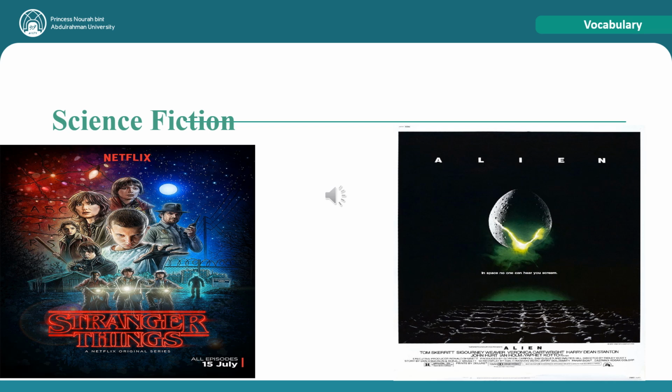I find it to be a little bit scary, not too scary. However, I do enjoy science fiction myself. Science fiction is usually based on aliens and space, and so on and so forth. If you haven't watched Stranger Things, I would definitely recommend that you watch it. Now, let's go ahead and move on to activity 10.